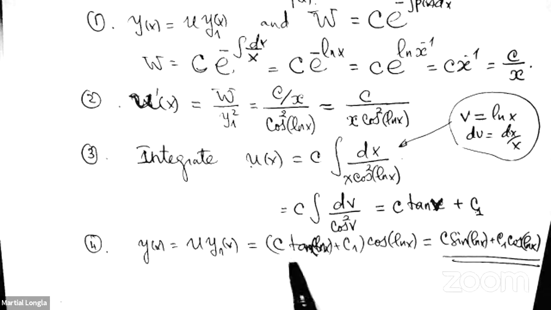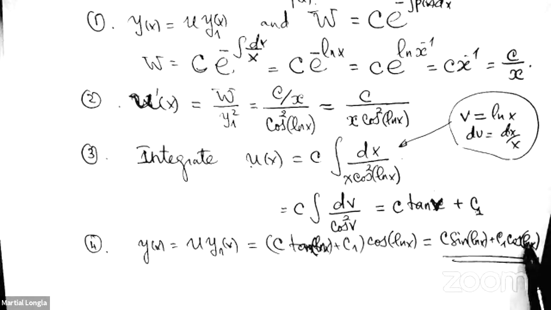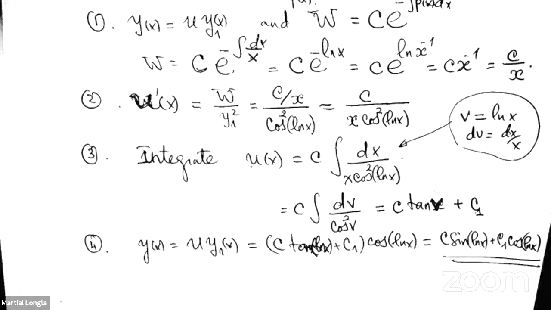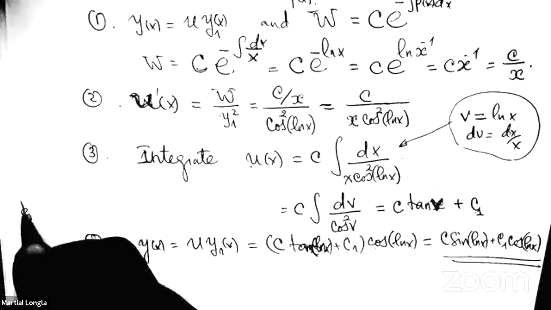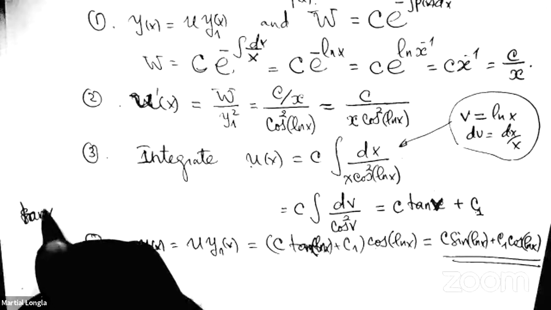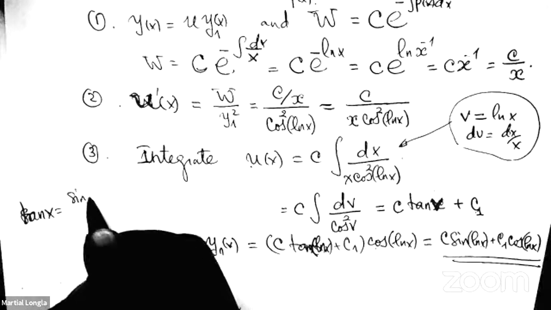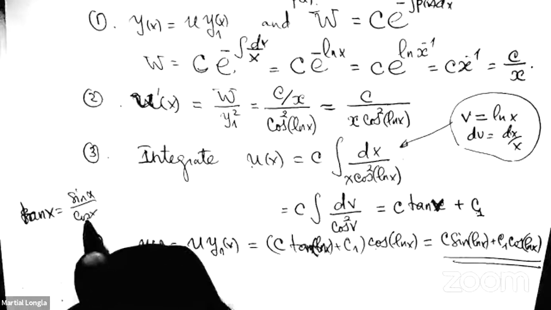Because you're multiplying here, tangent times cosine, that's sine, plus c1 times cosine. So you can rewrite tan as sine ln of x over cosine ln of x. That's the definition of tangent x is equal to sine x over cosine x.